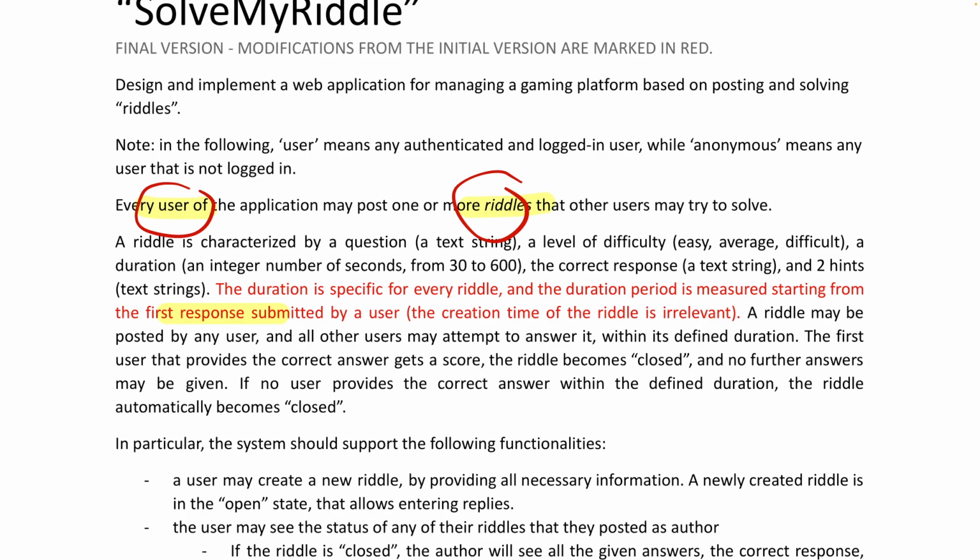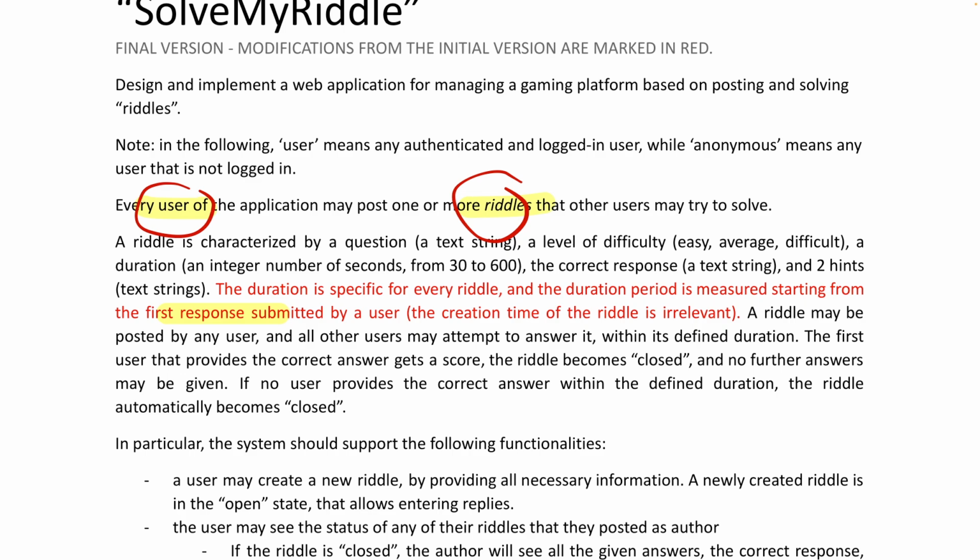And we have the response. Do we need to represent the response as a different entity? How do we deal with the answers that the users give to a riddle? Up to now we have the users, and on the other side we have the riddle. How do we link or associate one to the other? If we just have 2 tables, how can I say that user 1 gave this answer to this riddle?